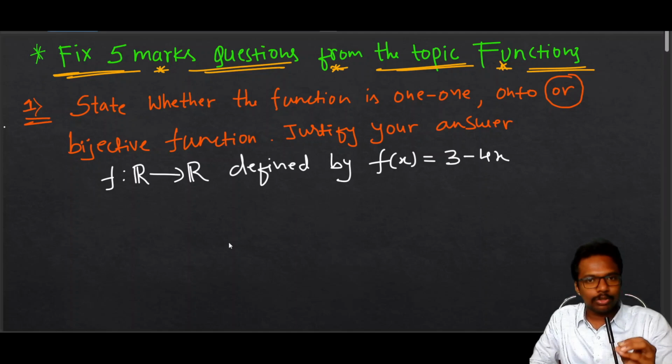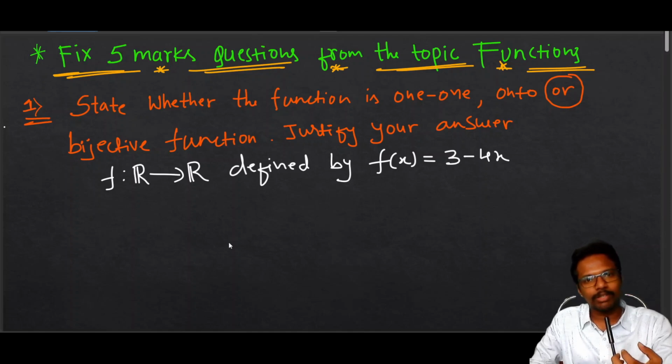To show a one-one function, we already know the definition, but we can't apply the definition directly to the given question. So we have to build a concept from the definition, and we have to apply that concept to this question. Then we can solve the 5 marks question. First, let us build the concept of one-one and also the concept of onto.